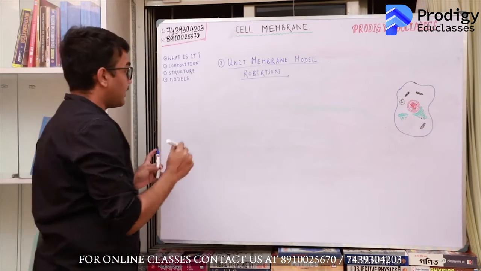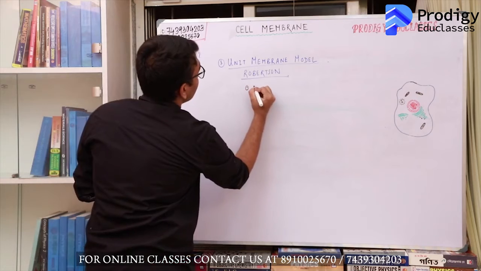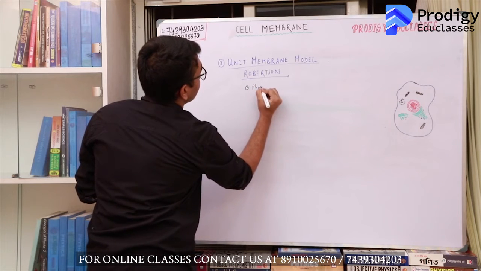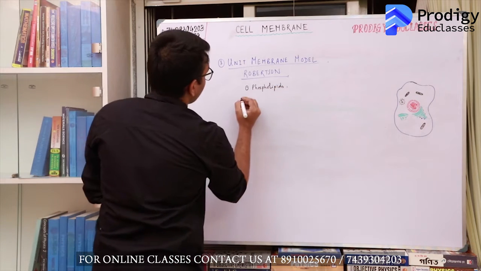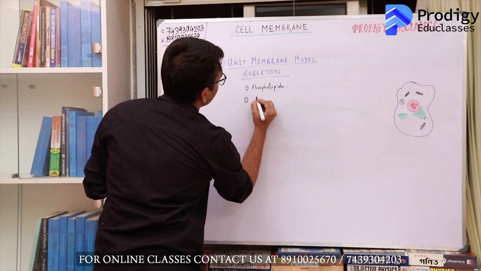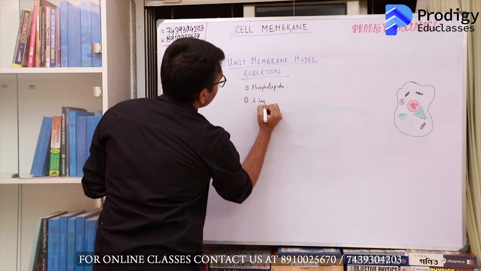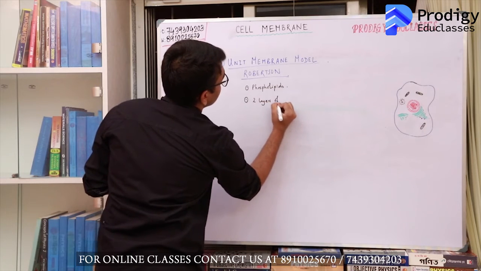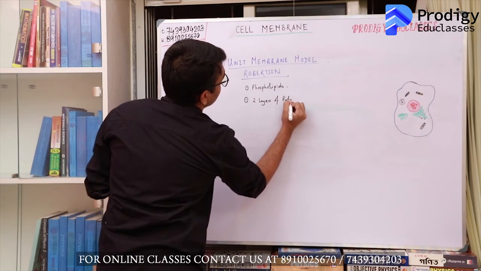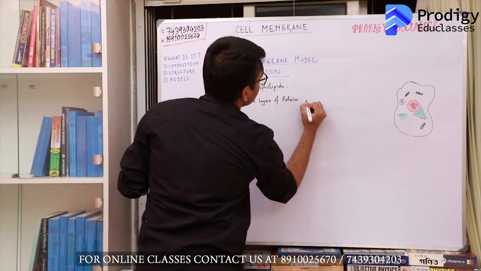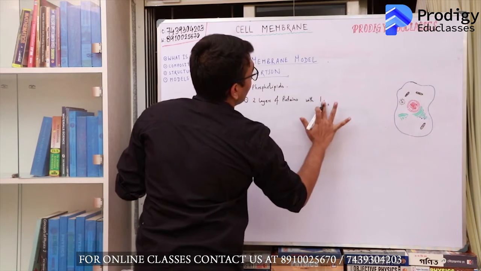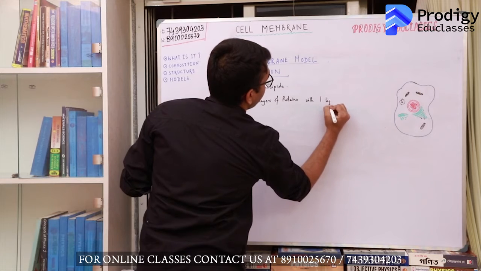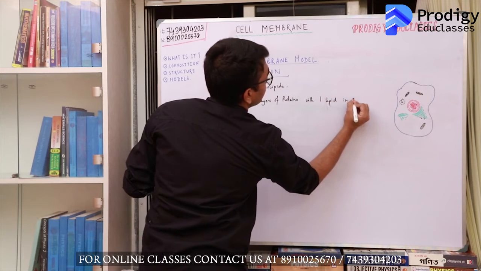He first noted that the lipids in the cell membrane are phospholipids. He also said that a cell membrane is composed of two layers of proteins with one layer of lipid in between.